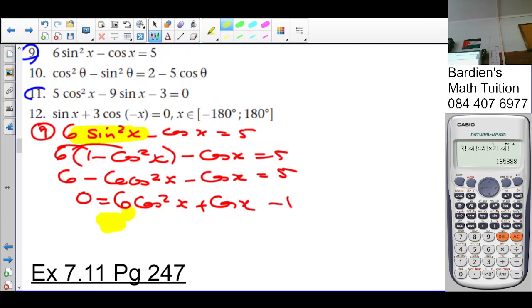If you cannot see the trinomial and can't factorize like this, and you're not comfortable, you can replace cos x with an x. So it's going to be 6x squared plus x minus 1 is equal to 0. If you can't factorize that using trinomial rules, use the quadratic formula.